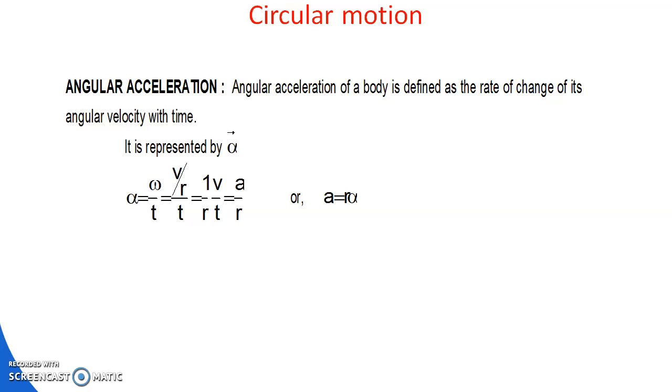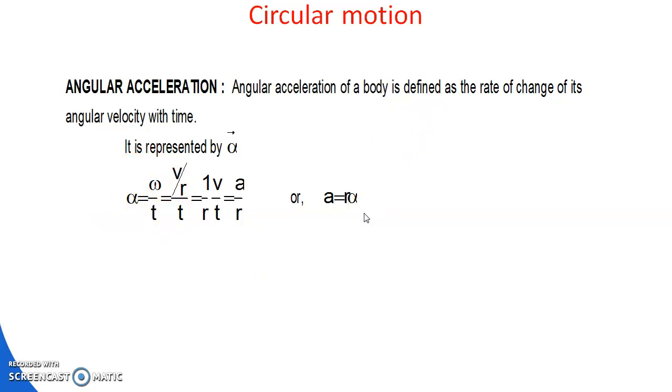Like that, angular acceleration is also defined as the rate of change of angular velocity. It is represented by alpha. Always remember alpha. And alpha is equal to omega by t.